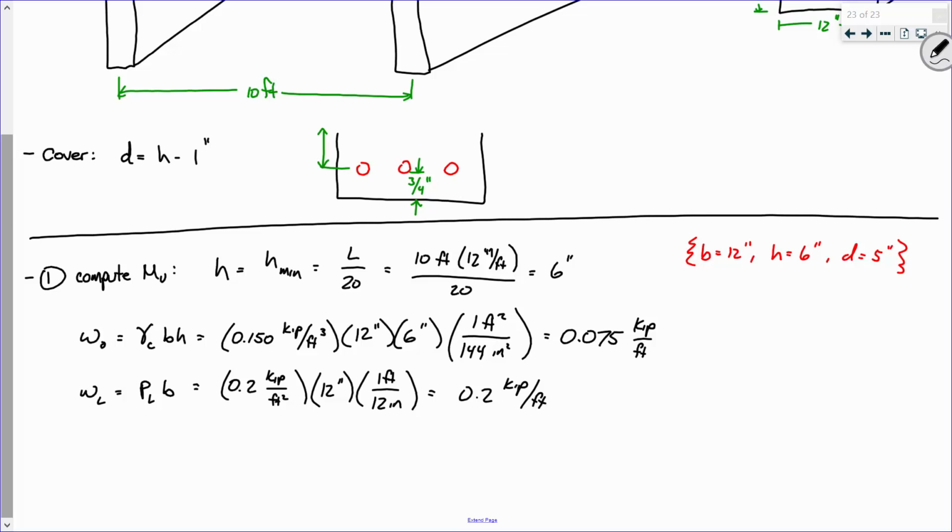All right. What do we need to do to this load? We got a dead load and a live load. You've got to apply the factors. So 1.2 times 0.075.